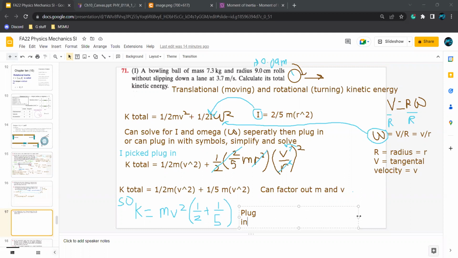Plug it in and get m, which is 77.3 kilograms, times v squared, 3.7 meters per second, that's going to be squared, so leave some space for it, times 1 over 2 plus 1 over 5.